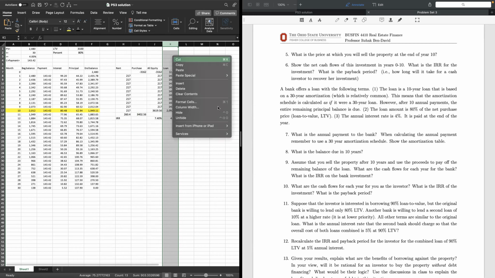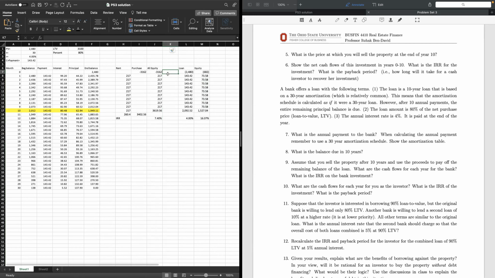So what you should do is this: this is the cash flow you get at the end of year 1. This is the cumulative cash flow that you get at the end of year 2.